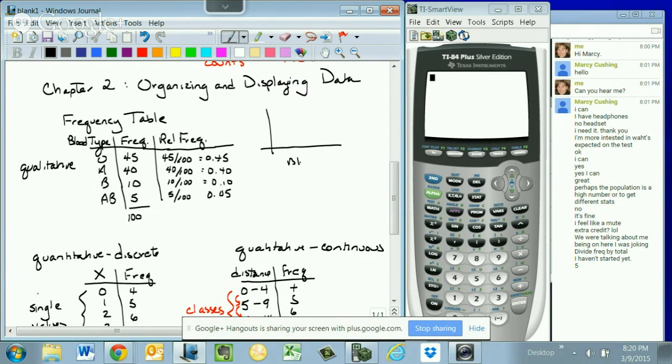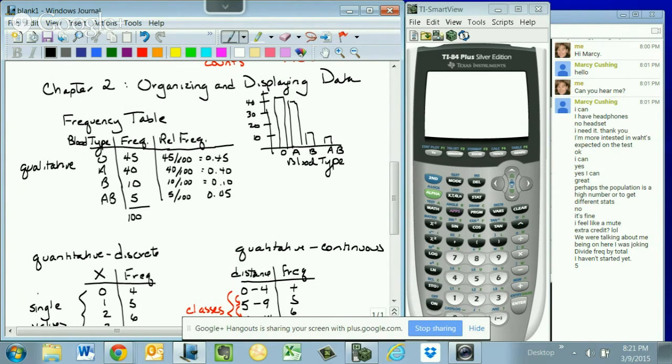So if I had blood type, okay, so it's a bar chart.